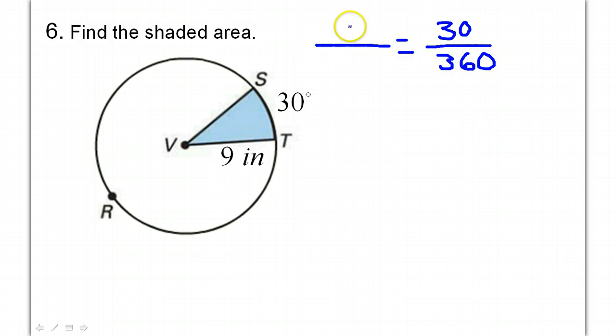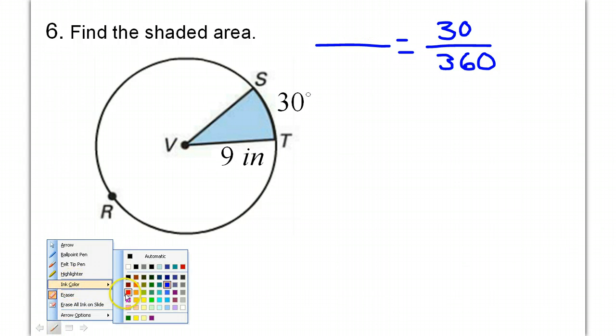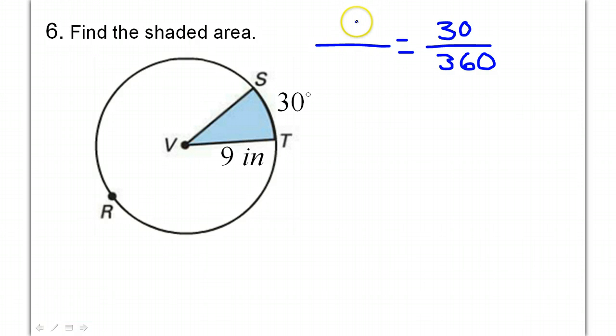Let's see, over here, I'm looking for the shaded area. I'm looking for the part. I don't know it, so I'll put X. Or if I wanted to, since it is a sector area, I could use a lowercase a. It doesn't matter.